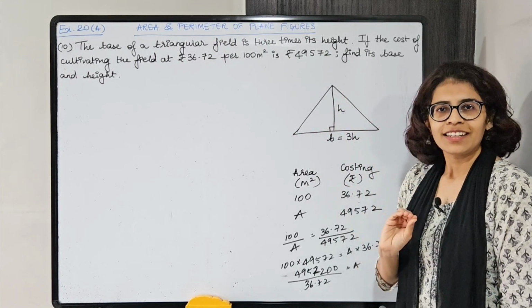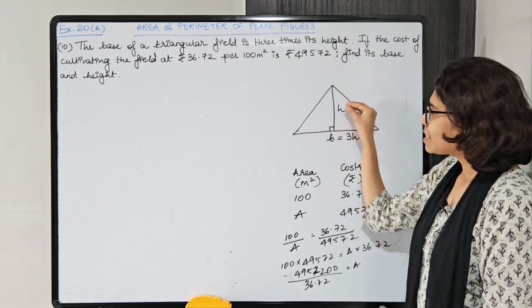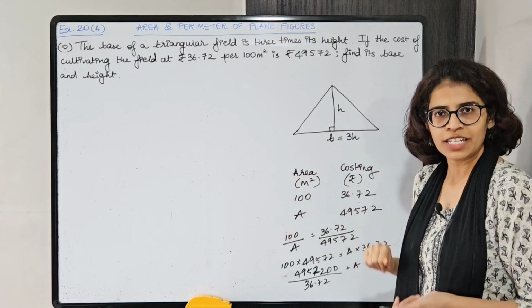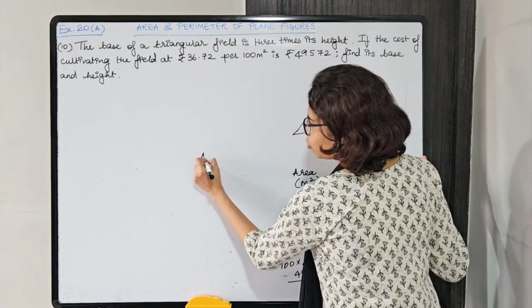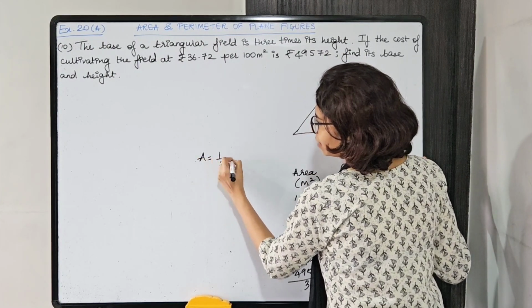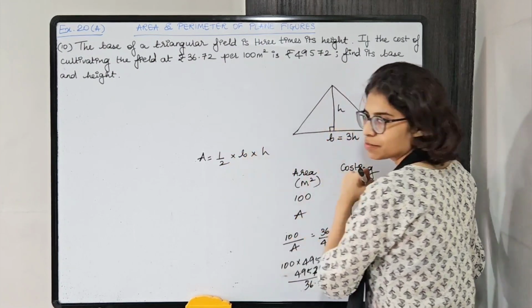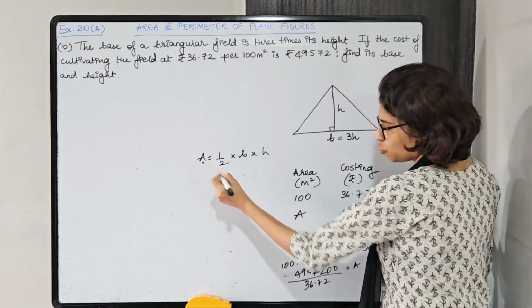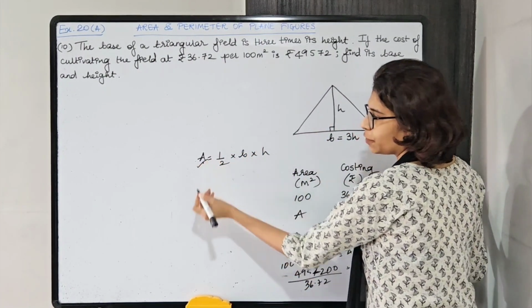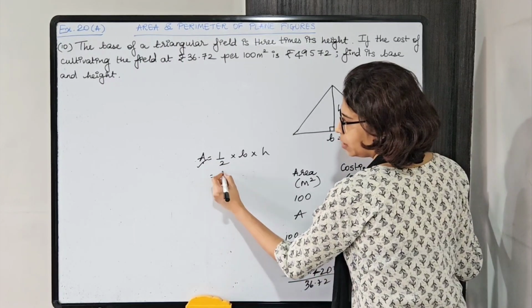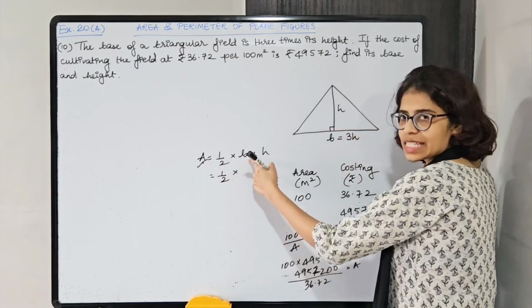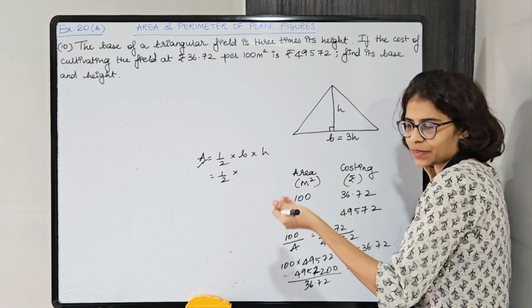Once I get the area, I will relate base and height with the area because I have to find out base and height. I know the formula, area of the triangle is half into base into height, right? Area मुझे यहाँ से मिल जाएगा. So I'll put the value of area. It will be equal to half into base, which is 3 times height, 3h.